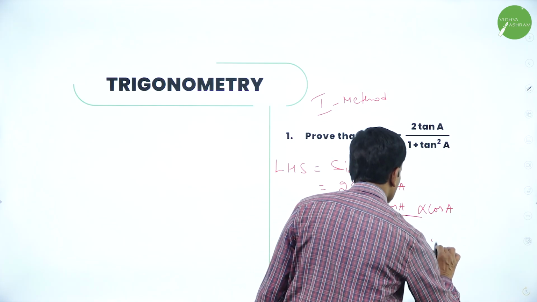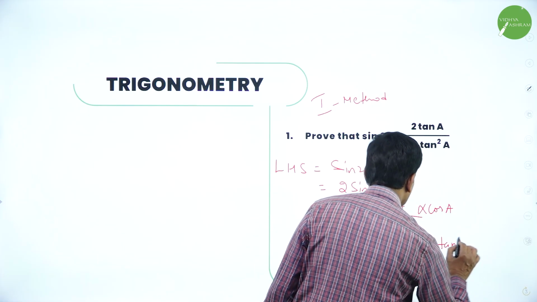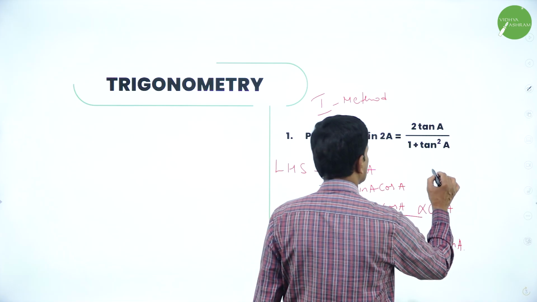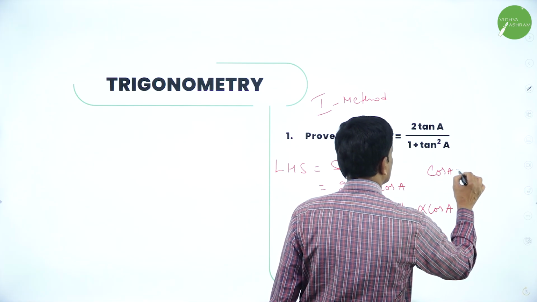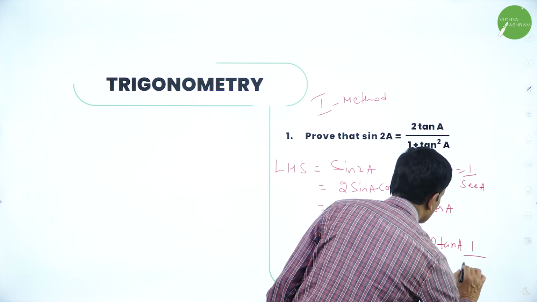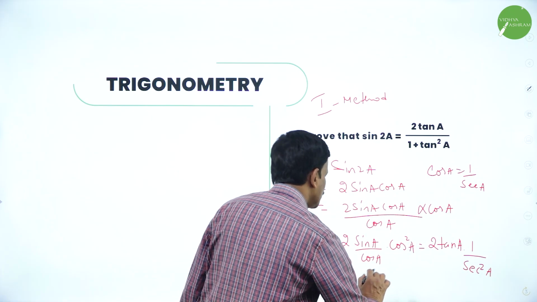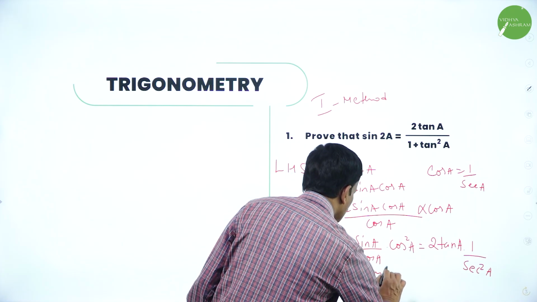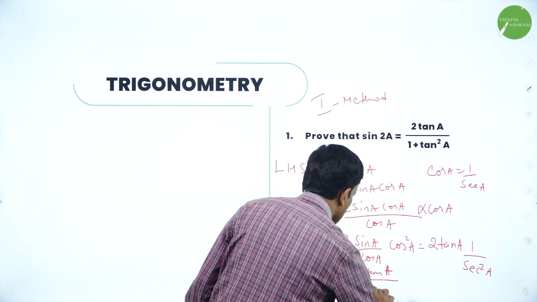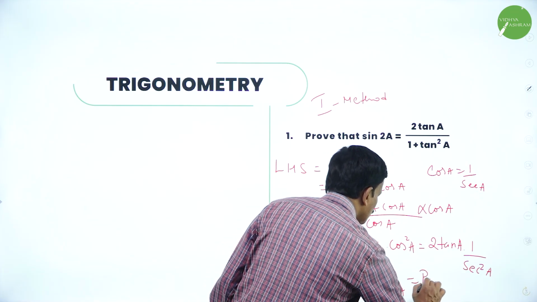Now 2 times sin a by cos a is equal to tan a, and cos a is also equal to 1 over sec a. So this is 1 over sec squared a. Since you know the identities, 2 tan a divided by sec squared a, and sec squared a is equal to 1 plus tan squared a, which is the required RHS.